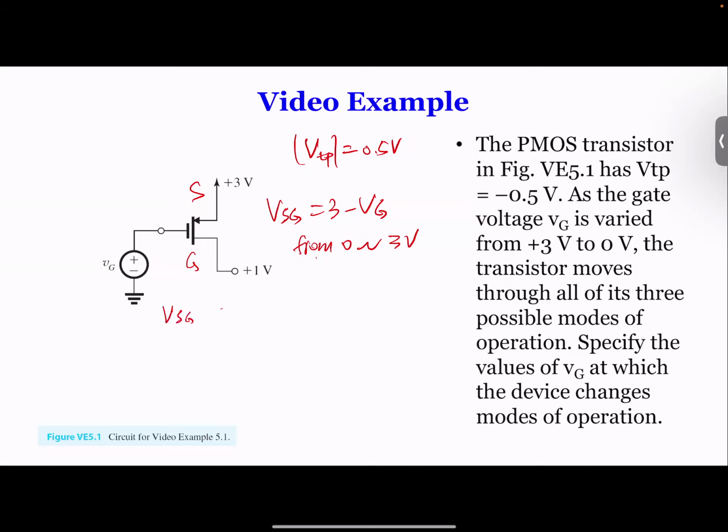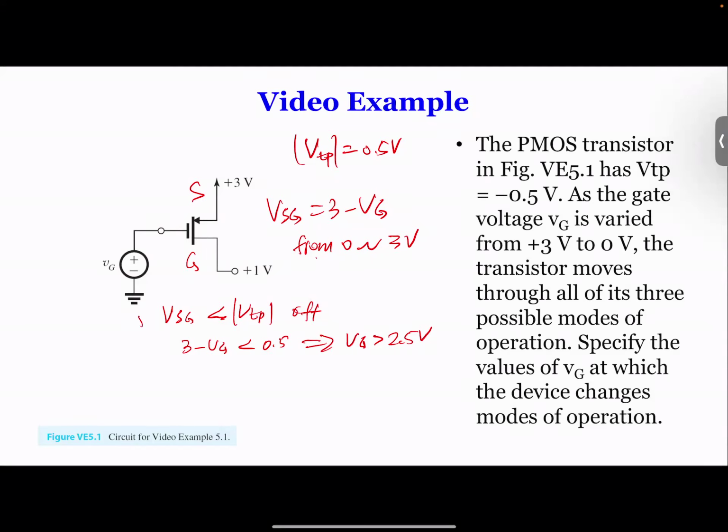If your VSG is less than VTP, it's off, right? So which means your 3 minus VG is less than 0.5, and that gives you VG is larger than 2.5 volts, right? So if VG is too high, SG is too small, not enough voltage to turn on the transistor, so you're in off mode.